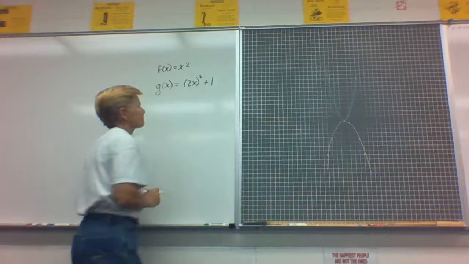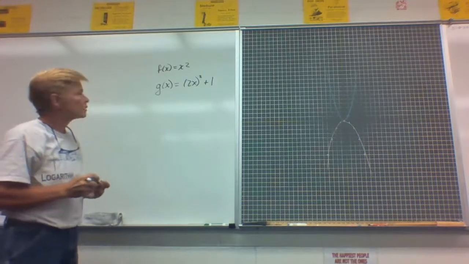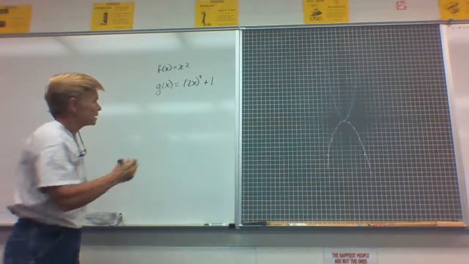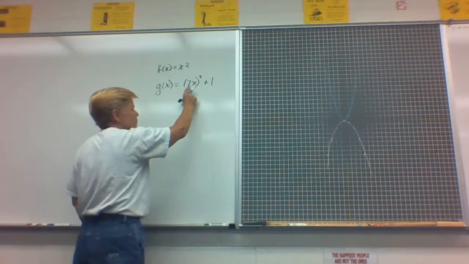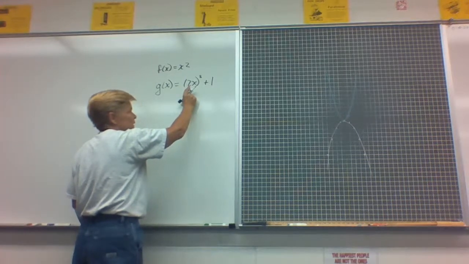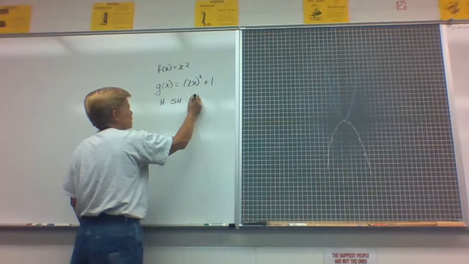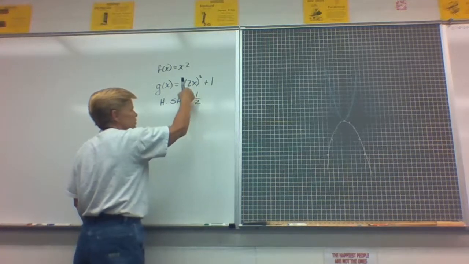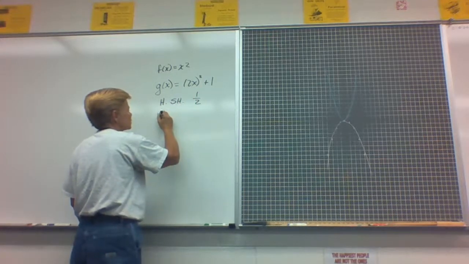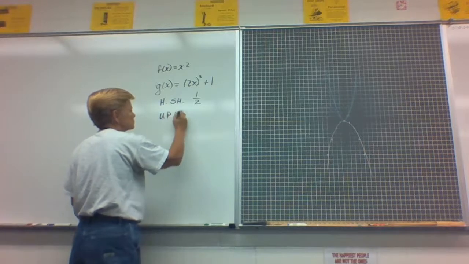Okay, so how are we going to describe this? Well, this happens inside. Since it happens inside, it will be horizontal something, and it will be reciprocated. So this represents a horizontal shrink of 1/2, because that's the reciprocal of 2, and it's also up 1.